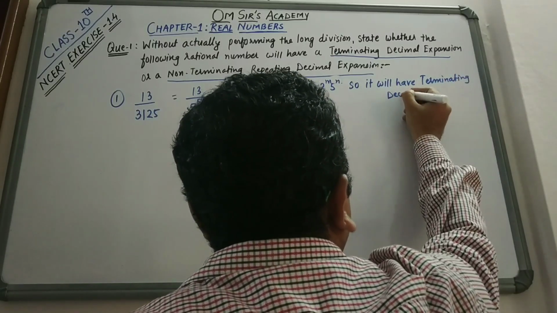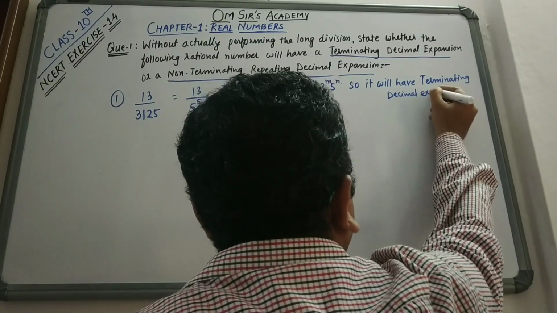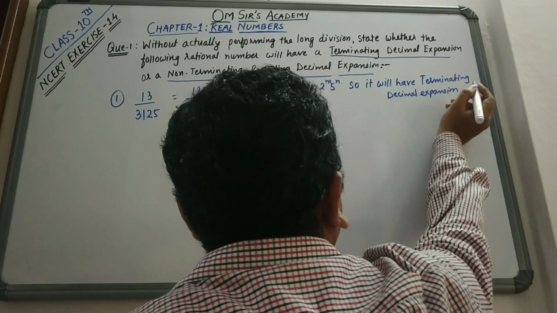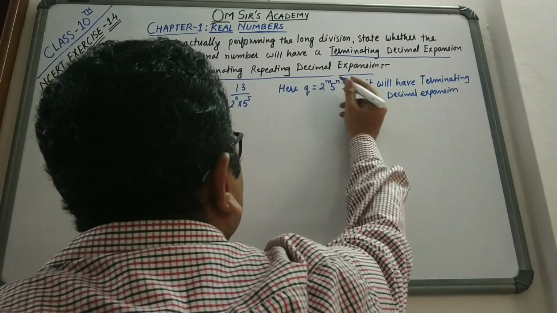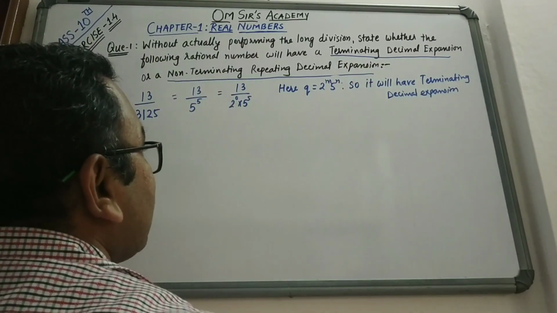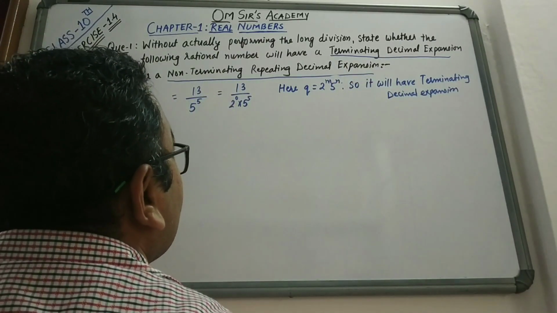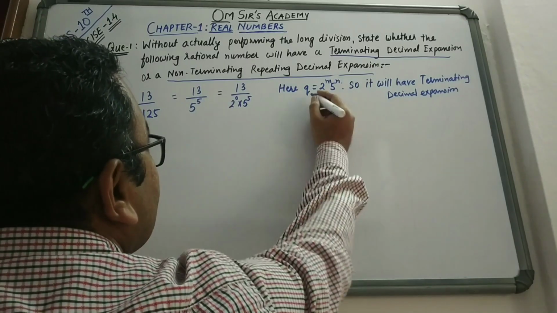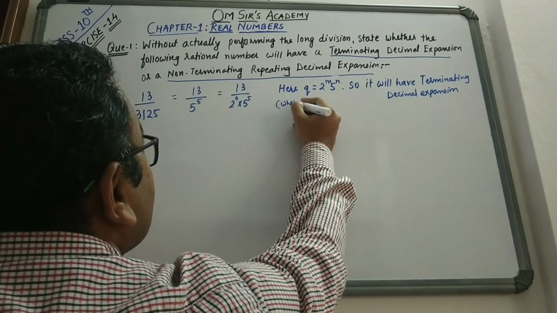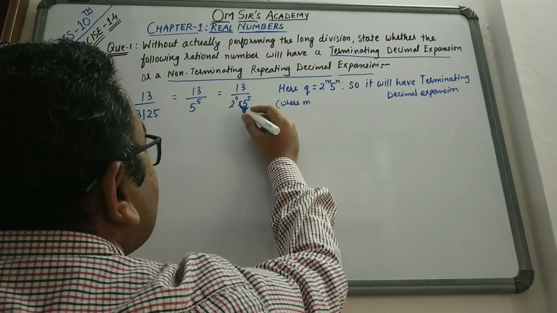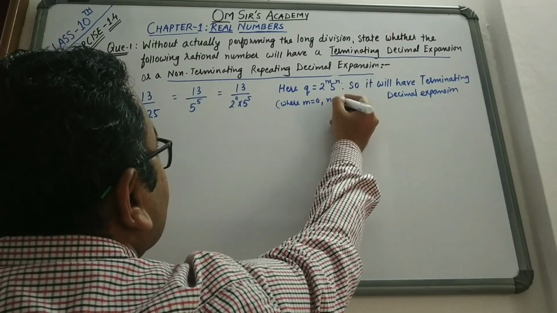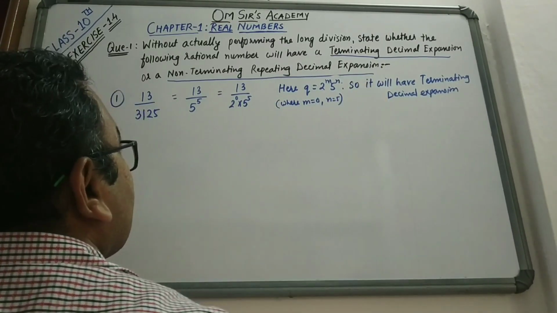Here q was in the form of 2 raised to n and 5 raised to m. Therefore, it will have a terminating decimal expansion, where m is 0 and n is 5 in this case.